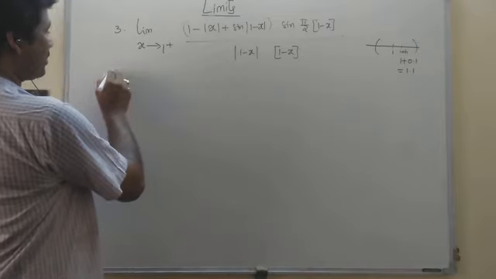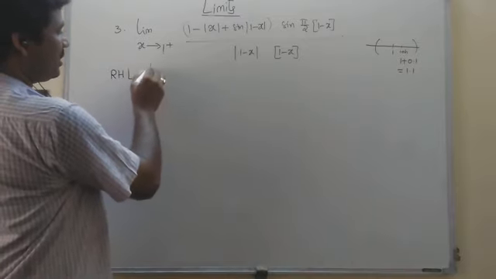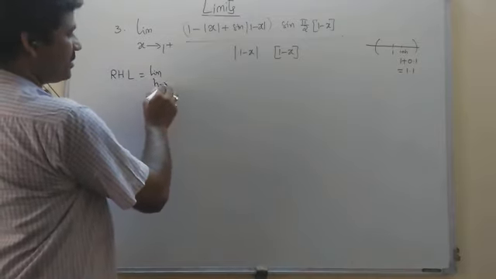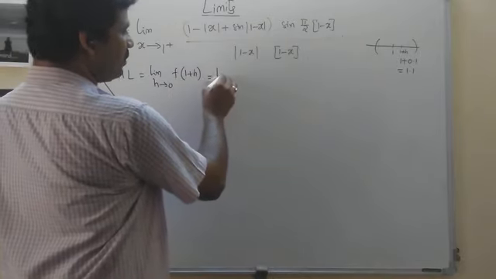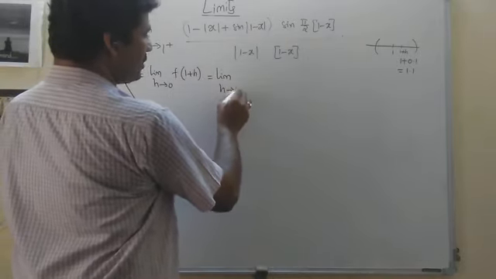So here they are asking for the RHL, equal to limit h tends to 0 f of 1 plus h. That is equal to limit h tends to 0.